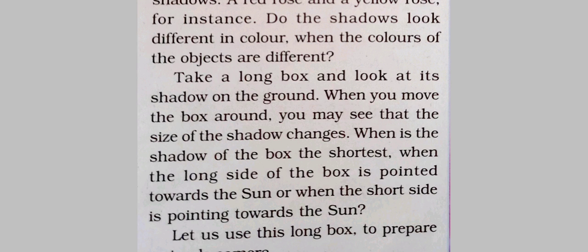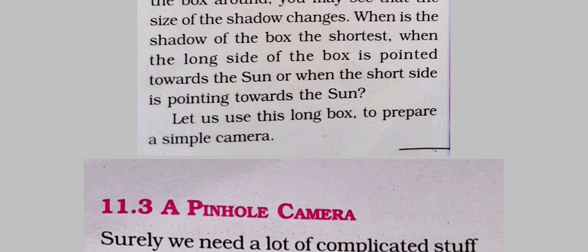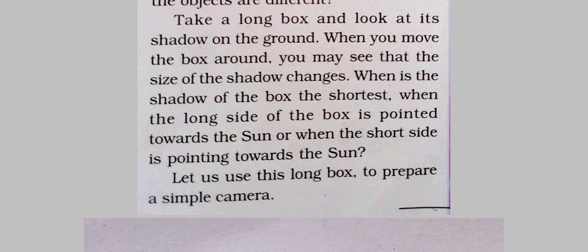So through this activity 4, suppose you are taking flowers of different colors, or chairs of different shapes and sizes, or a long box and looking at its shadow as you change its color, shape or size, or when you move the box around or move any object, you may see that the size of the shadow changes.